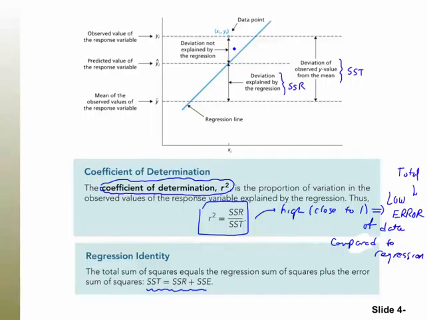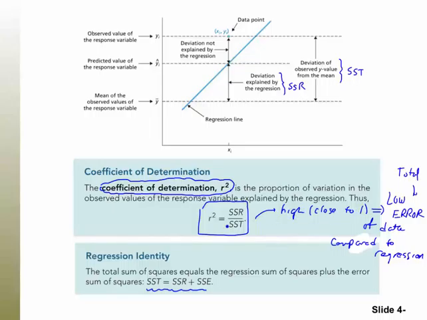And so are the observed points all close to the regression line or far away from it? In the case that SSR over SST is high, close to 1, are our observed values hovering close to the line, or are they far away from the line?